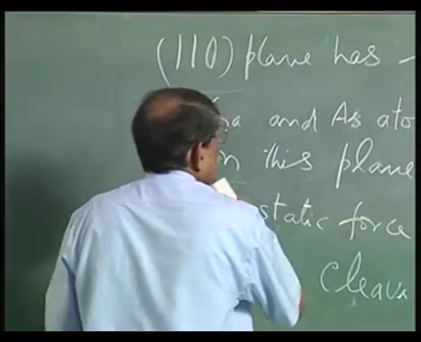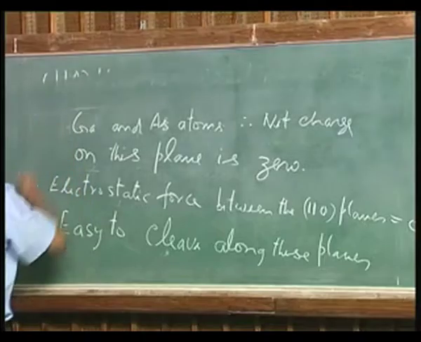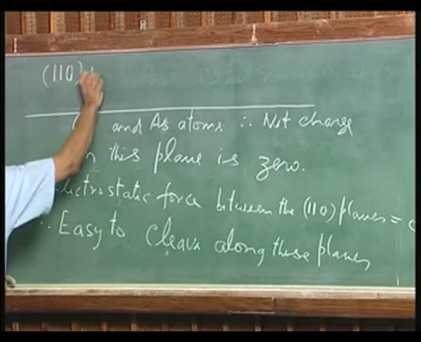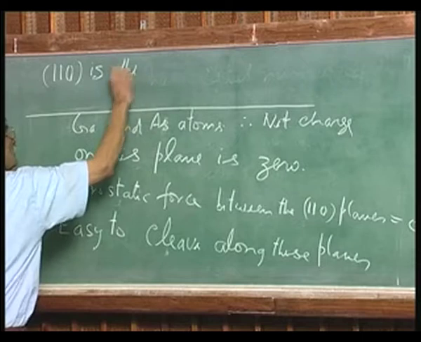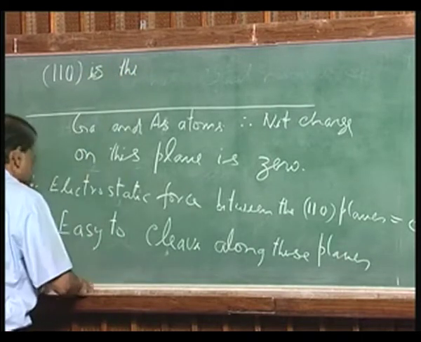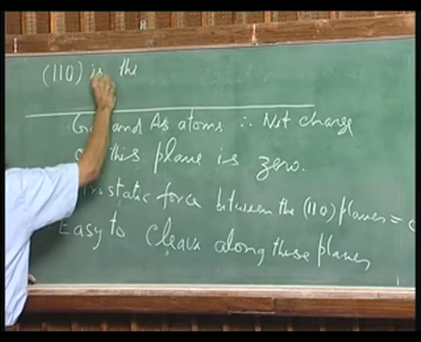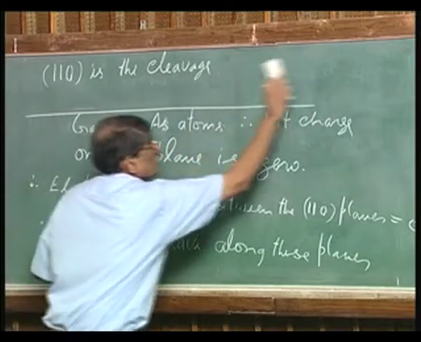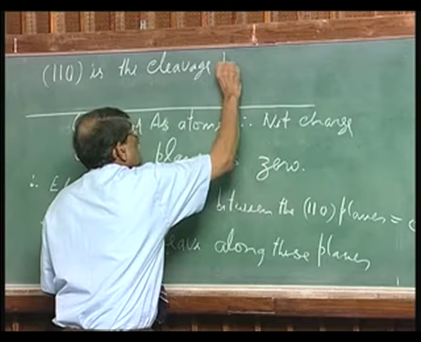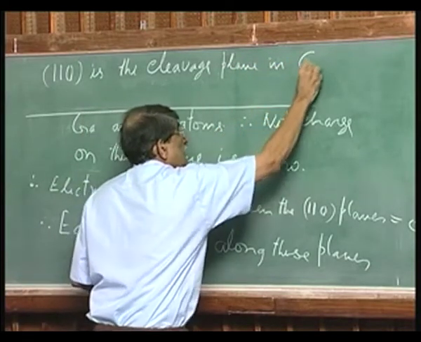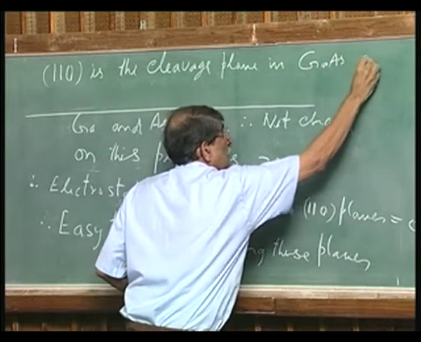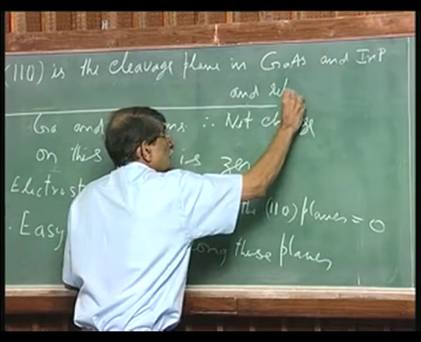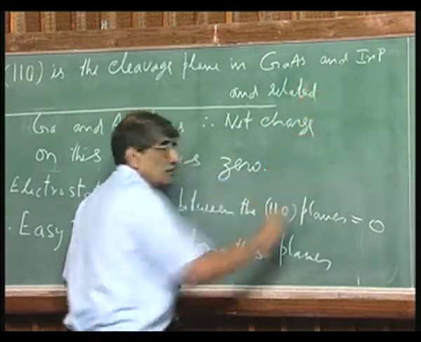Okay. So, 110 is the cleavage plane in gallium arsenide and indium phosphide, and related compounds.